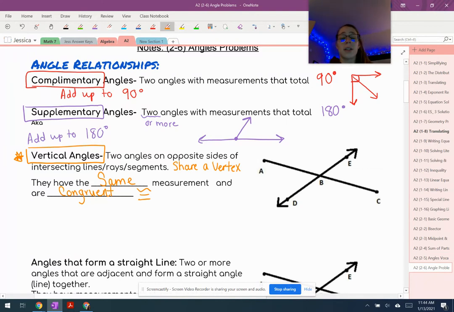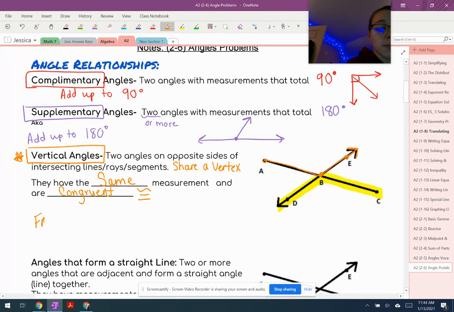So, for example, in this diagram, we could have angle ABE. That is a vertical angle with DBC. Notice how they kind of form that X. Let's add that in here.